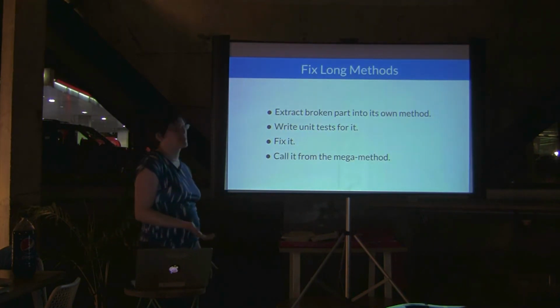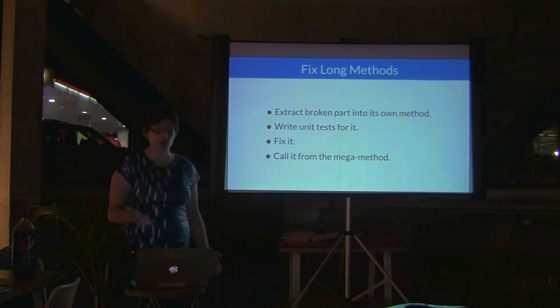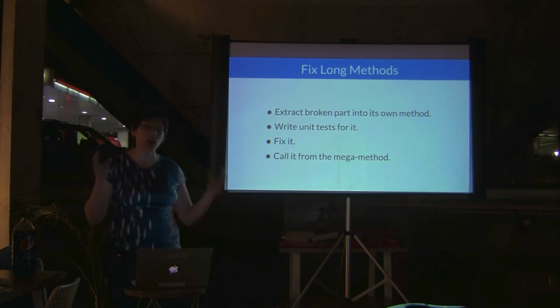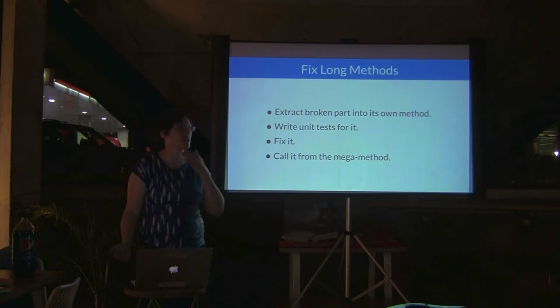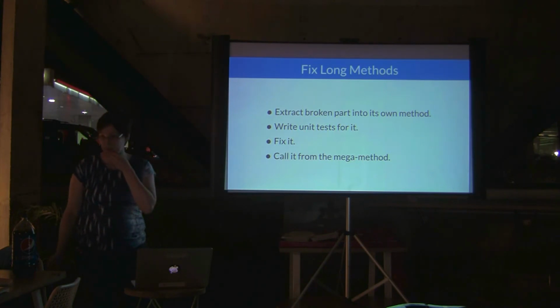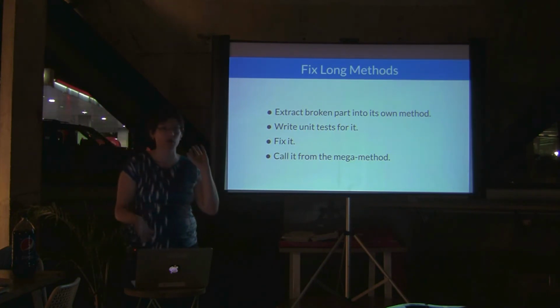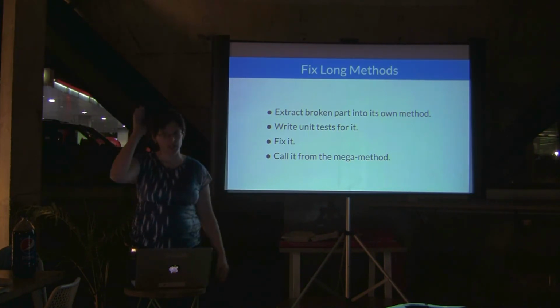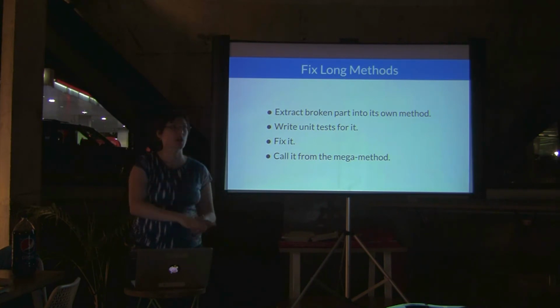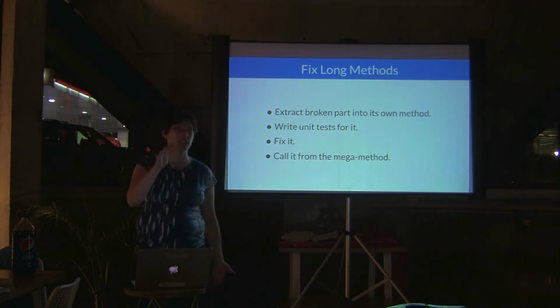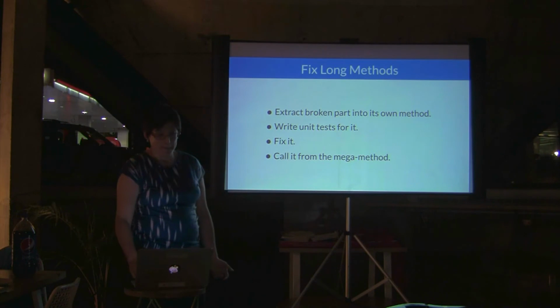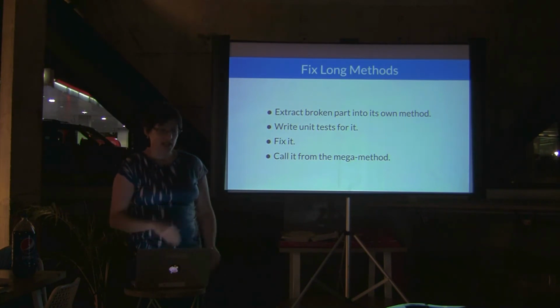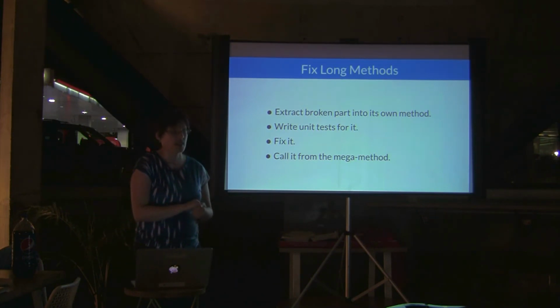Now, one of the hardest things I find to change is those really long methods, like 800 lines of code. I was working on a calculator for flight pricing. You know how flights are really complicated to price? Their logic is really complex. But for one company, it was everything in one method, like 800 lines. So what I did is that I wrote unit tests.